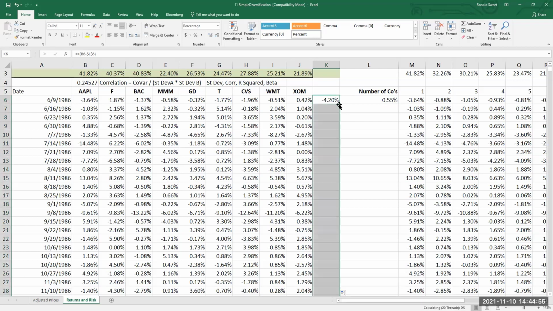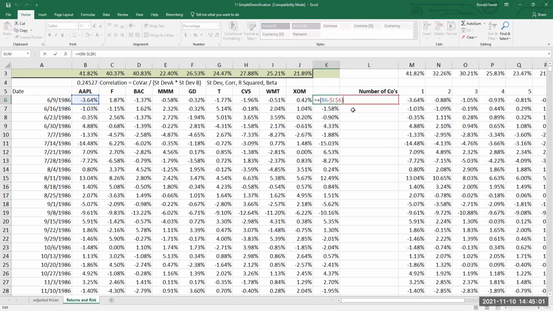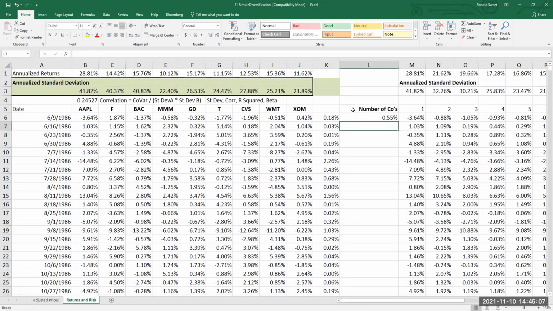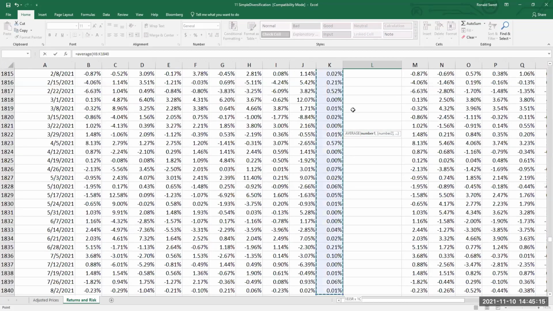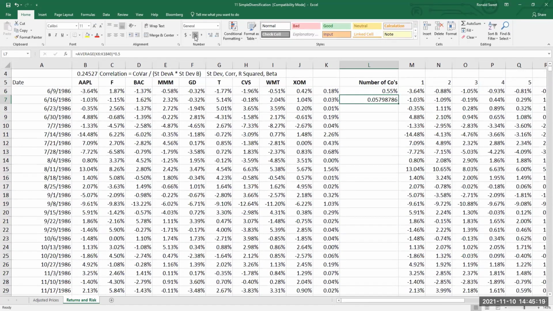I'll copy that down. And one last thing we do is we square it. When you square it, all the negative numbers disappear. So all standard deviation is, it's the average of those squared differences, and you take the square root of it, and there's your standard deviation.